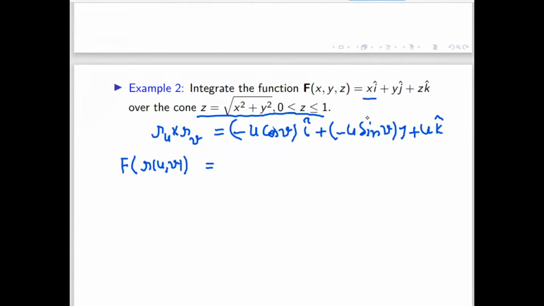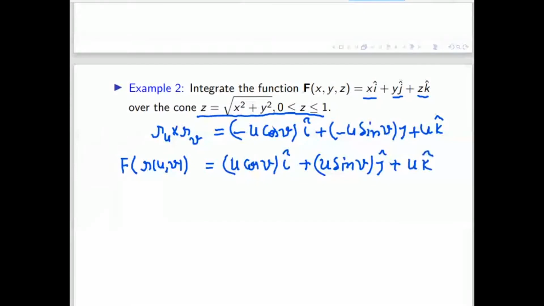It will give u cos v, this is the value of x, this is u sin v, value of y, and then z value was u. By using the parameterization of this cone, x equal to u cos v and y equal to u sin v and z equal to u. So f also I got in terms of u, v.